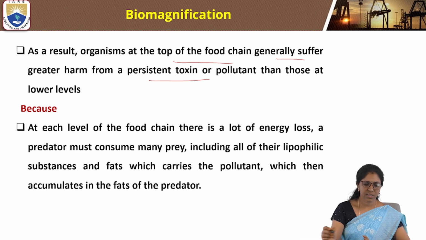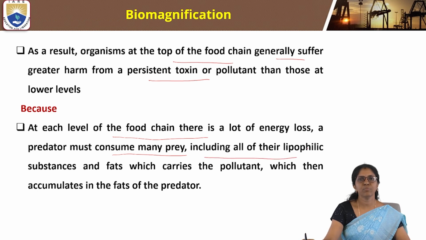Because at each level of the food chain there is a lot of energy loss. A predator must consume many prey, including all of their lipophilic substances and fats, which carry the pollutant, which then accumulates in the fats of the predator.